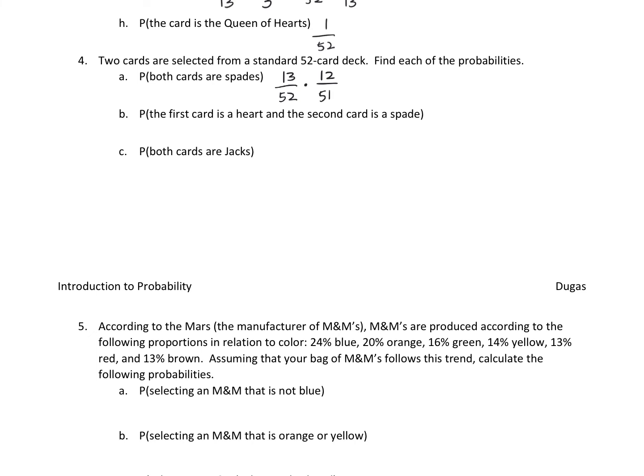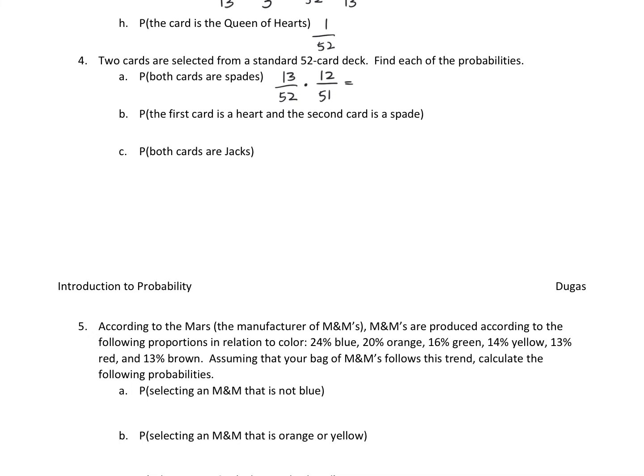So 13 over 52 is the probability of that first card being a spade. And then once you take that spade, there are only 12 spades left. And since you've taken a card, there are only 51 possible cards left. So you will multiply those together to get the overall probability.